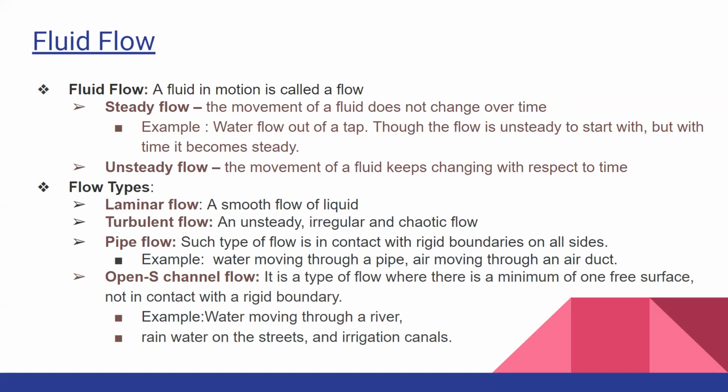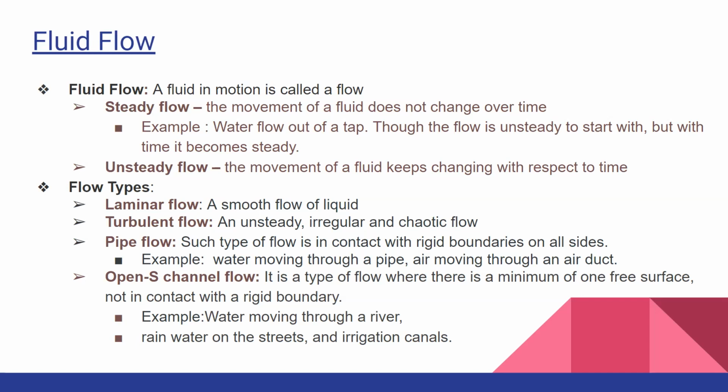This occurs if you turn on the tap to its maximum flow rate, it will flow steadily, even though it may not do so when you barely turn the tap on. Unsteady flow is where the movement of a fluid and the flow rate fluctuates with respect to time.